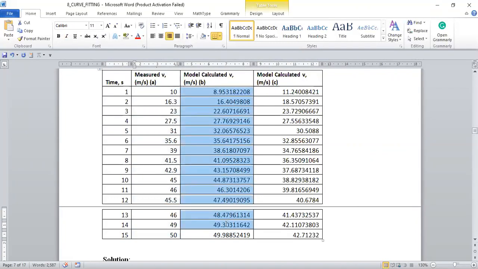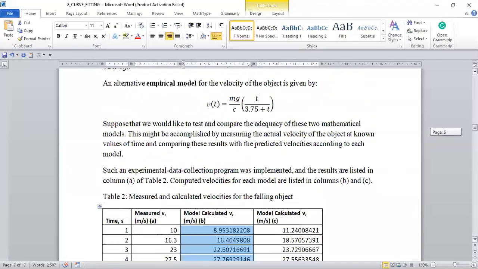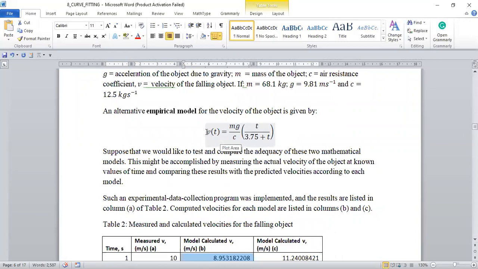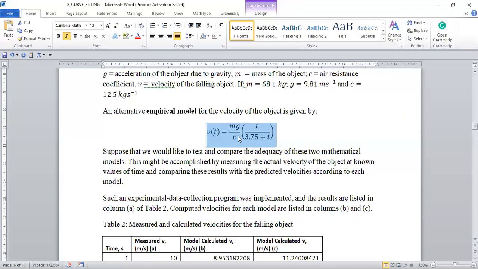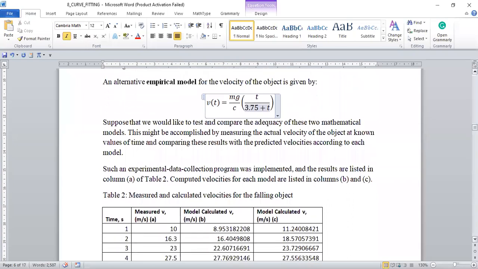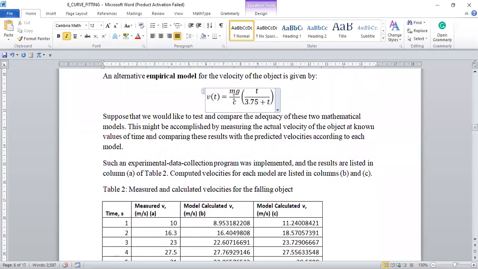Then this one is another model, an empirical model of the velocity of a falling object, an alternative to the mathematical model, even though we did not derive it. So this is the equation. Then I simply put in the values of m 68.1, g 9.8, then c 12.5, at different time steps.